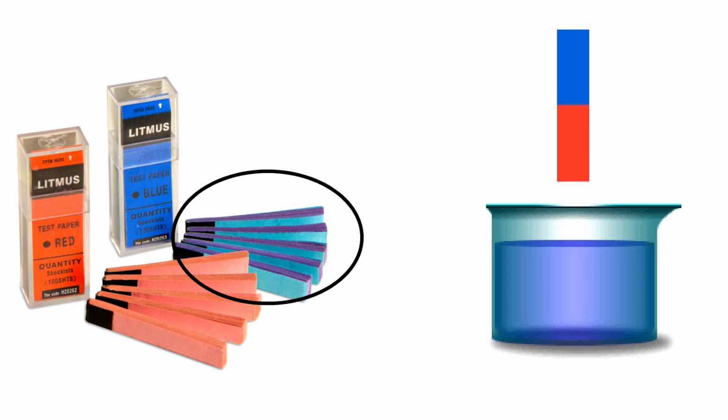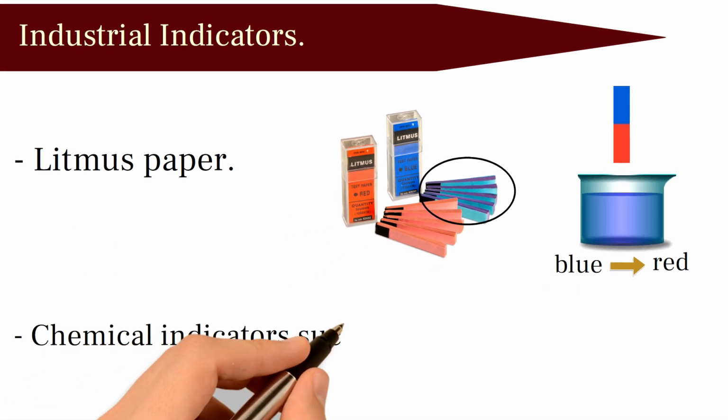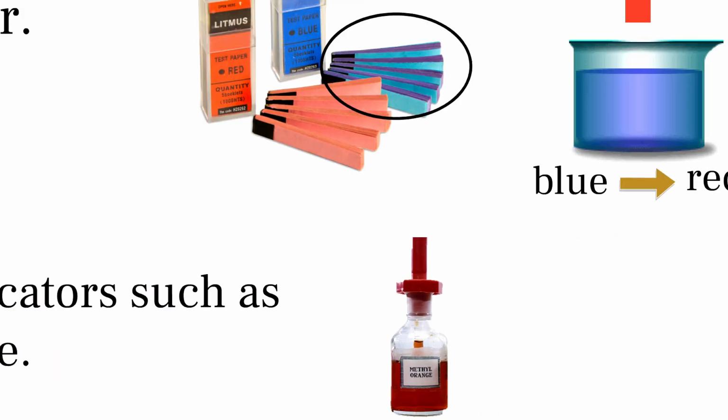Notice how their color changes in an acidic medium. As we observe, their color changes from blue to red. There are also chemical indicators such as methyl orange, which turns red in an acidic medium.